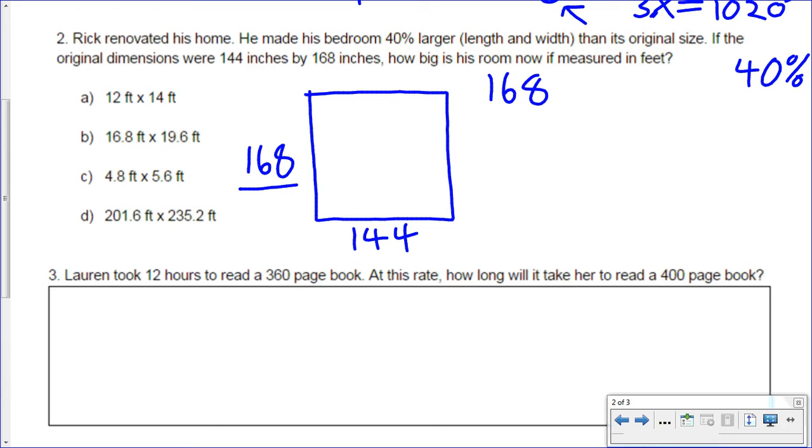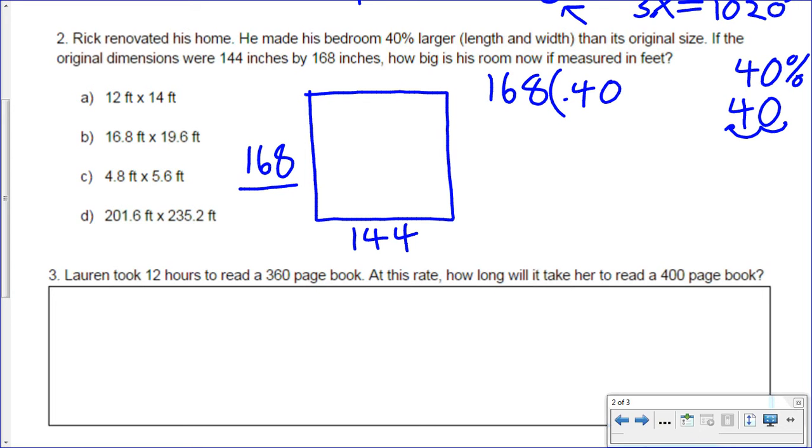Okay? So what we do in every case is we just write the percent and we pretend that there's a decimal here and we move it 2 places to the left every time. So whatever number is a percent, we move the decimal 2 places to the left, and that gives us our decimal. So in this case, 0.4.